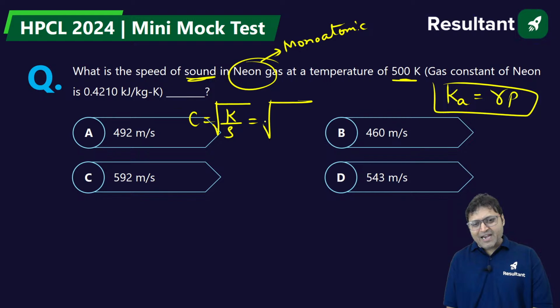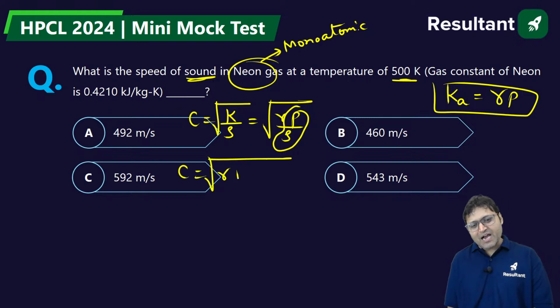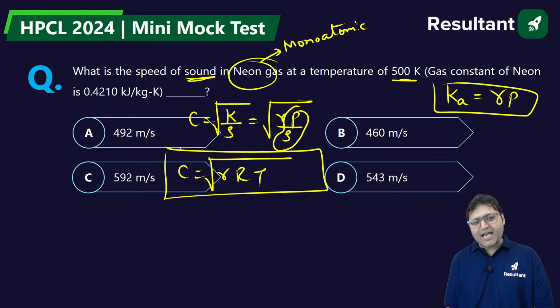So it will be under root of gamma P by rho, and P by rho is RT. So C is equal to under root of gamma RT will be the expression.